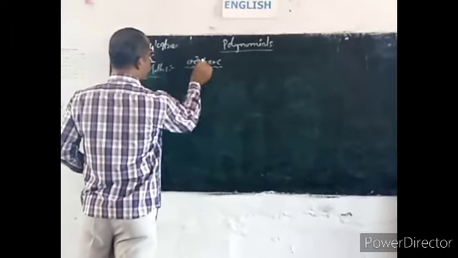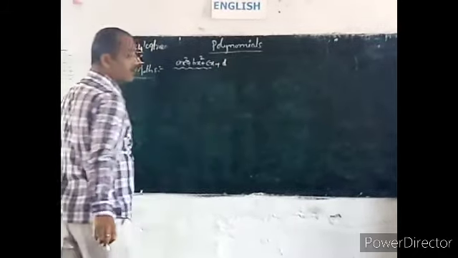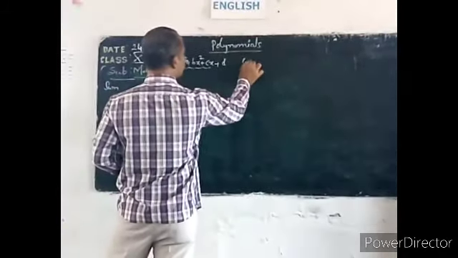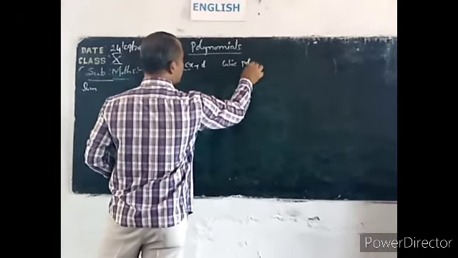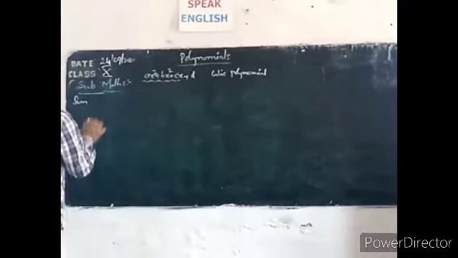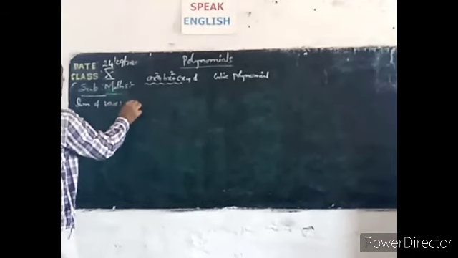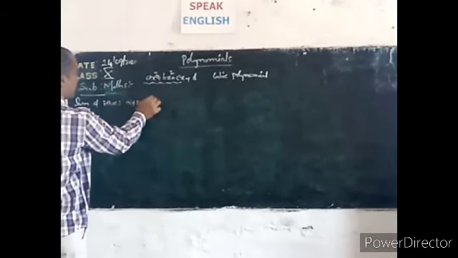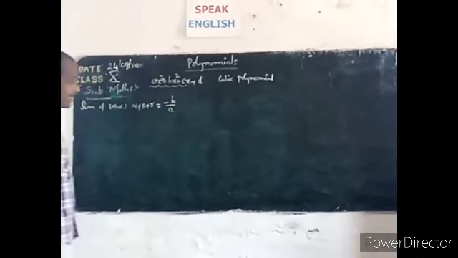Here ax cube plus bx square plus cx plus d is the standard form of a cubic polynomial. Now the sum of zeros, alpha plus beta plus gamma, is minus b by a.